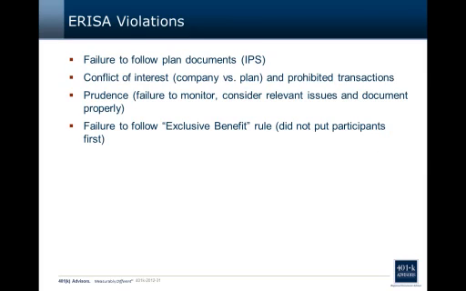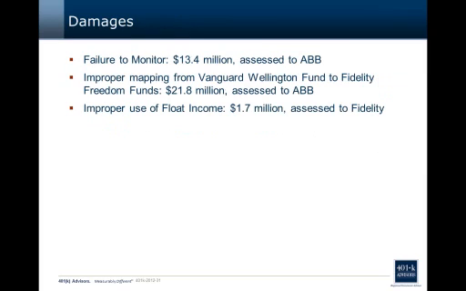They didn't put the participants first. As a result, what happened was ABB was fined $13.4 million for the failure to monitor. They were also fined another $21.8 million for the improper mapping of the Wellington funds and the Freedom funds. And Fidelity was assessed a $1.7 million fine for improper use of the float income.